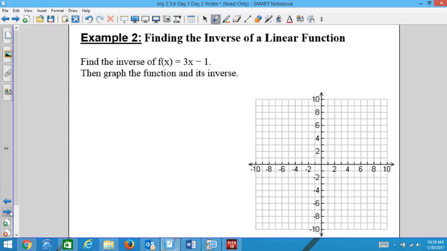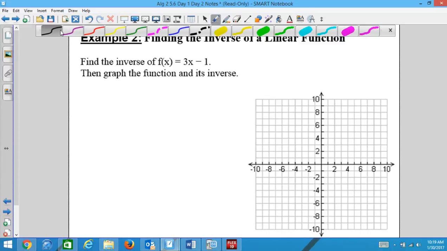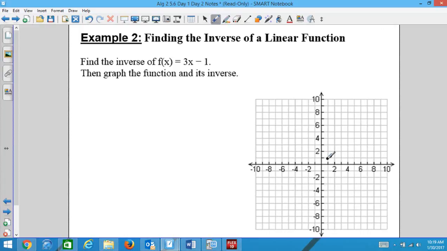The y equals x line is where 1 and 1, 2 and 2, 3 and 3, 4 and 4, 5 and 5, and 6 and 6 are. It's also -1, -1, -2, -2, -3, -3. Do we dash it? I'm just dashing it. It's just a reference to see that the two graphs reflect over this line.